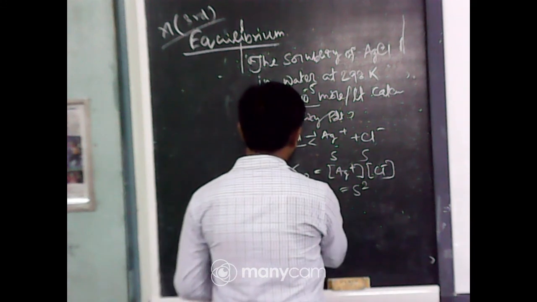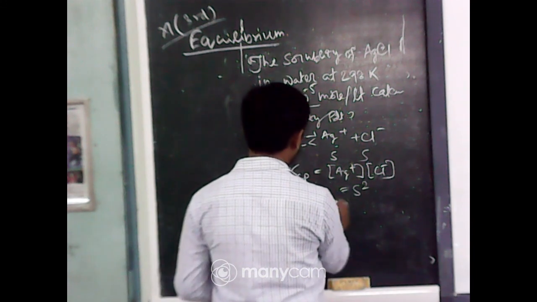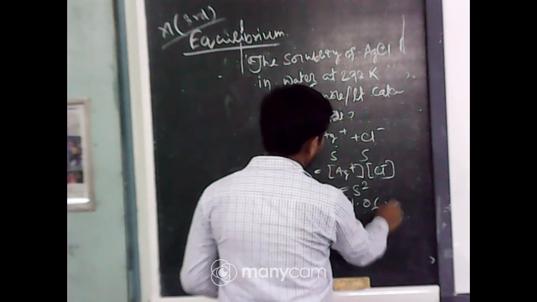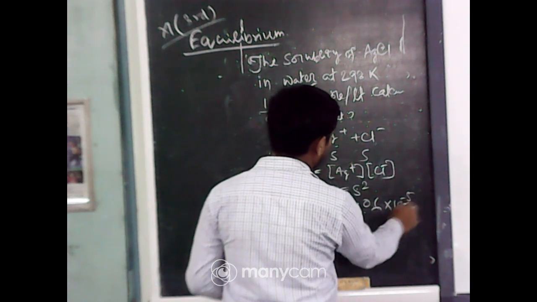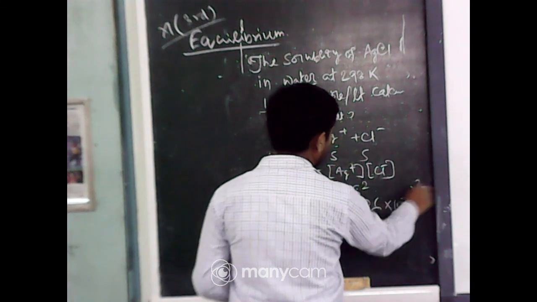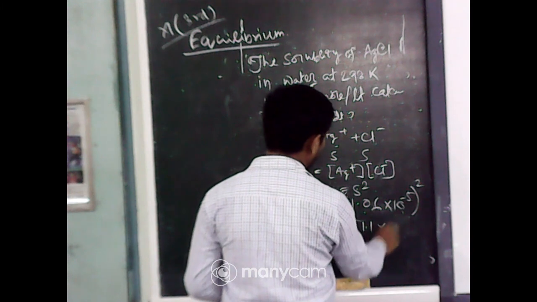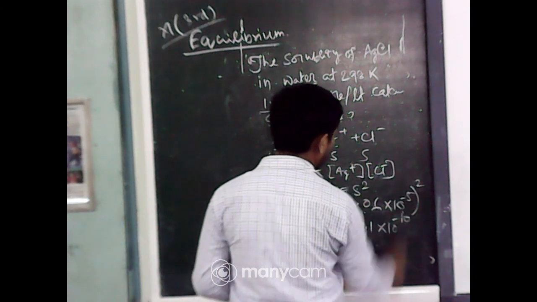Now Ksp is equal to S, that is the value of 1.06 into 10 to the power minus 5, square, that is equal to, we have to calculate, 1.1 into 10 to the power minus 10.